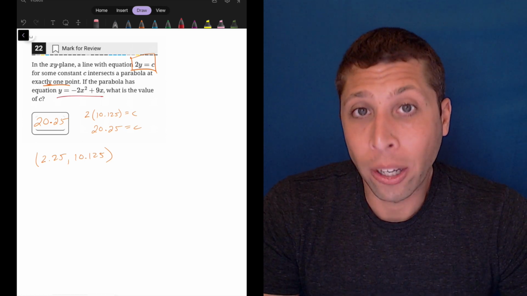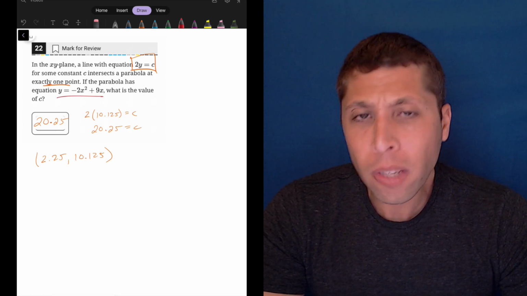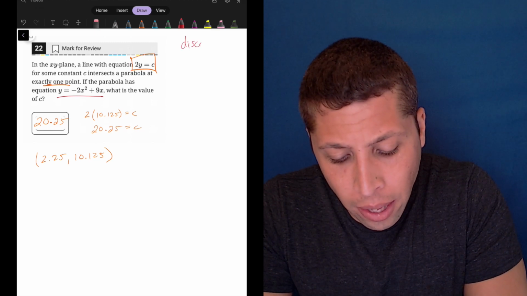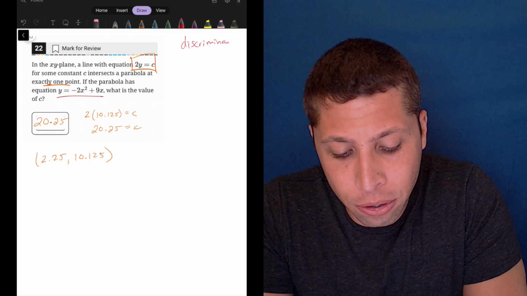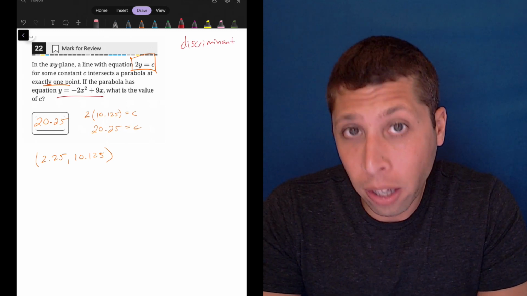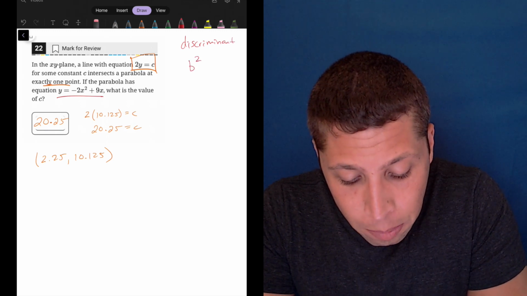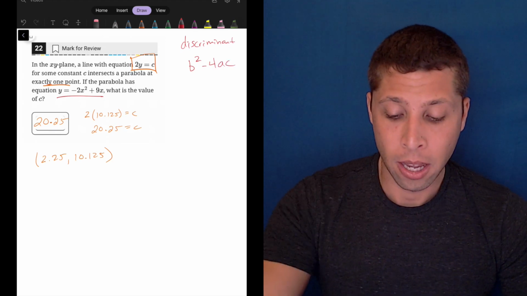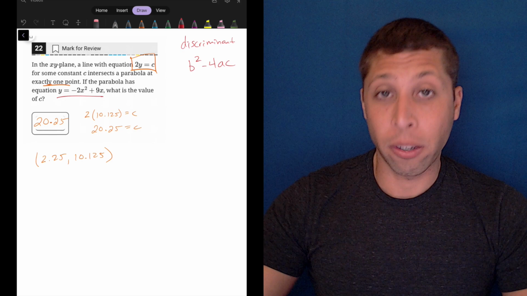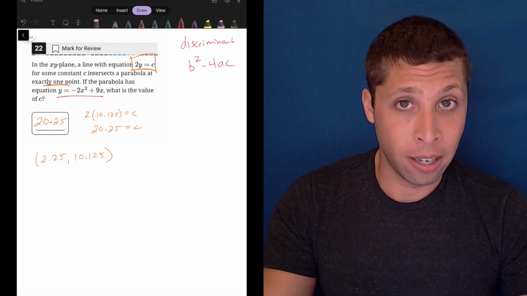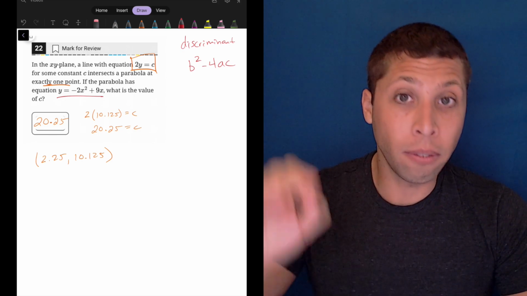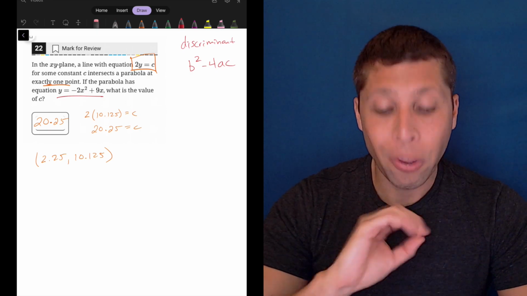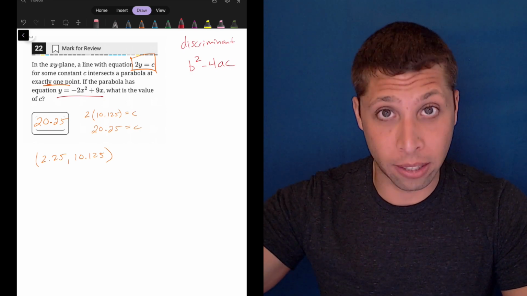When we have a quadratic, a parabola, and we're trying to understand the number of solutions, we're going to need to think of an idea that's known as the discriminant. It's part of the quadratic formula, specifically b squared minus 4ac, the part under the radical. Without going through the whole quadratic formula, we can use this piece of it to know the number of solutions, the number of intersections, the number of x-intercepts, without having to find out what those x-intercepts are.